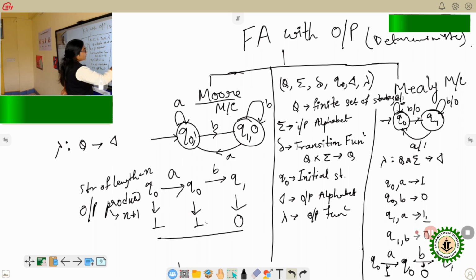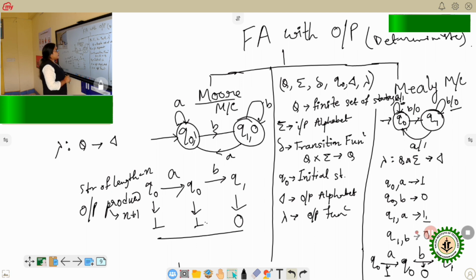Again from Q1 by giving input B, I can go to state Q1 and the output associated is 0. If I see a string AB, then from Q0 by giving input A, it goes to state Q0 but the output is 1. From Q0 by giving input B, I go to state Q1 and the output associated is 0. So for a string of length 2, I get an output string of length 2. This is the basic difference between Moore machine and Mealy machine.